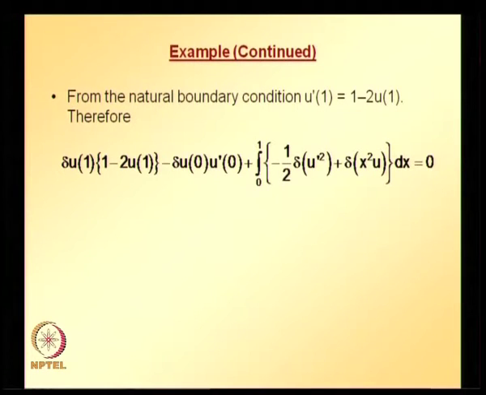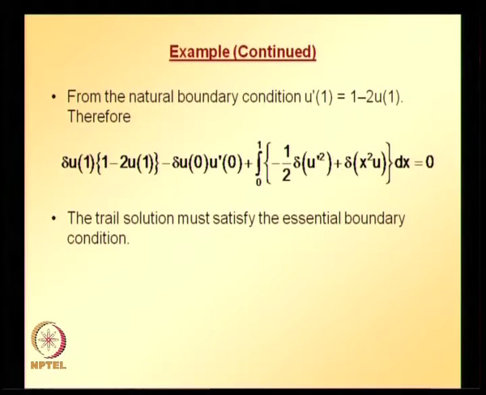So first, from the natural boundary condition that is given, you have the first derivative of u evaluated at x equal to 1 is equal to 1 minus 2 times u evaluated at x equal to 1, and we can substitute this quantity directly into the previous equation, which results in the equation given here. Also we have the other condition, that the trial solution must satisfy the essential boundary condition.